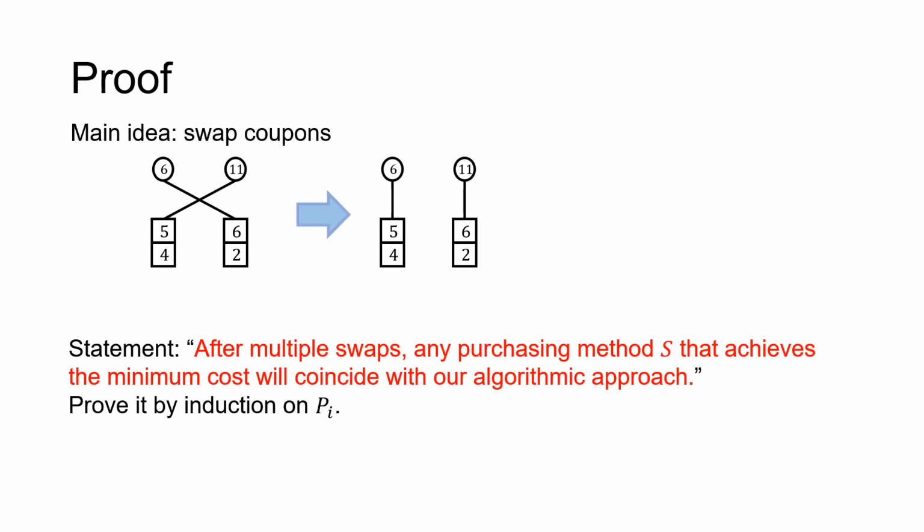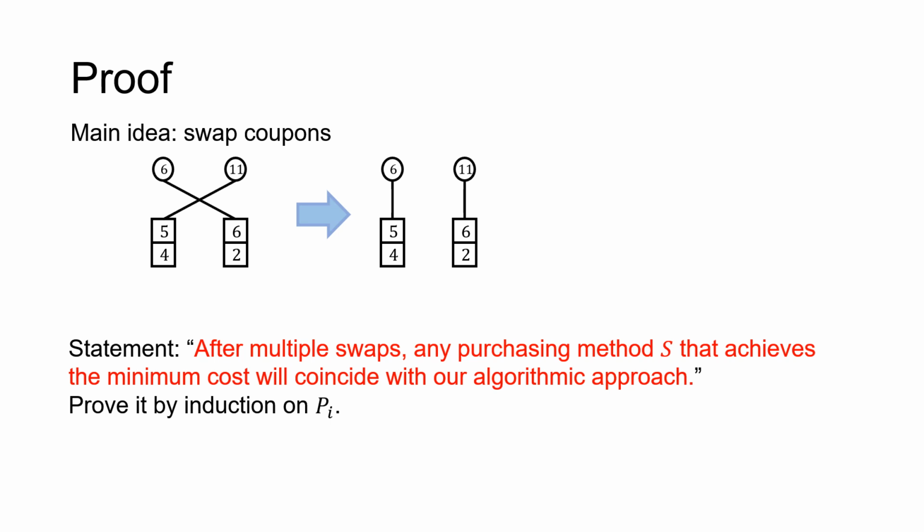As I mentioned earlier, I will prove the validity of the algorithm. How can such a pairing construction achieve the minimum expense for buying all the items? The main idea behind the proof is the concept of swapping coupons. As the example demonstrates, we can swap coupons if both coupons have price limits that are less than or equal to the lowest price of the two items involved.